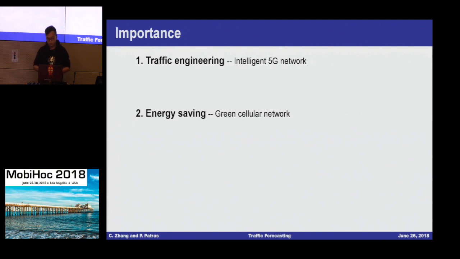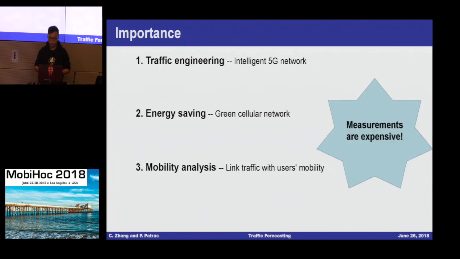Also, if you have information about how much traffic to expect, you can switch off base stations with low consumption in the future, and save energy for the cooling systems. People also link this mobile traffic data with mobility, so they can do mobility prediction based on it for transportation planning.